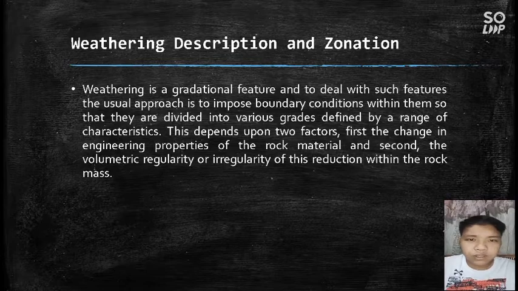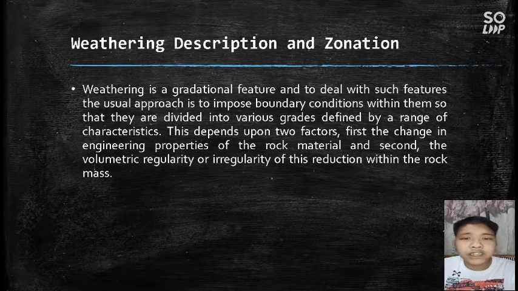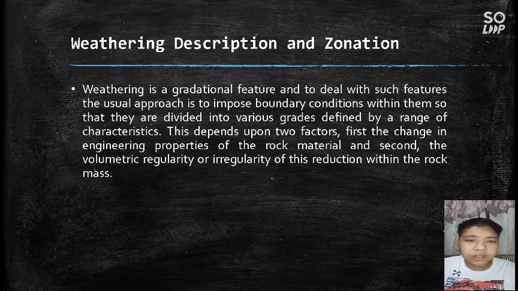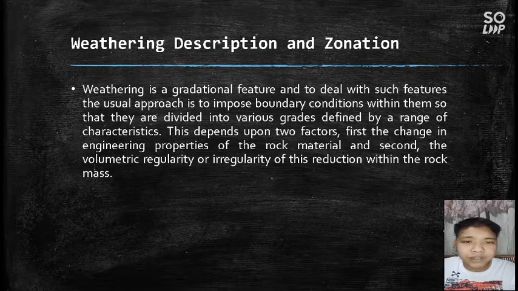So, as we all know, weathering is a very broad topic. So, in here, it describes that weathering is a gradational feature. So, in layman's term, gradational is a step-by-step process.